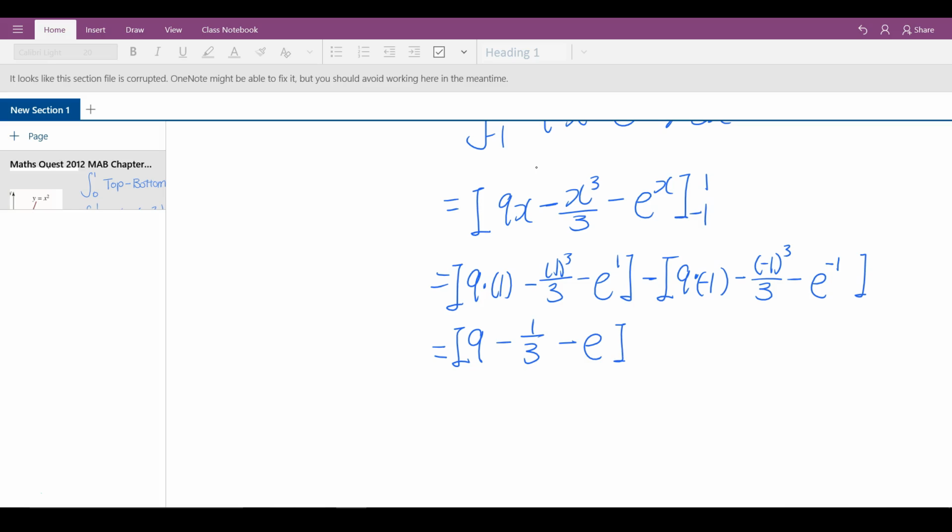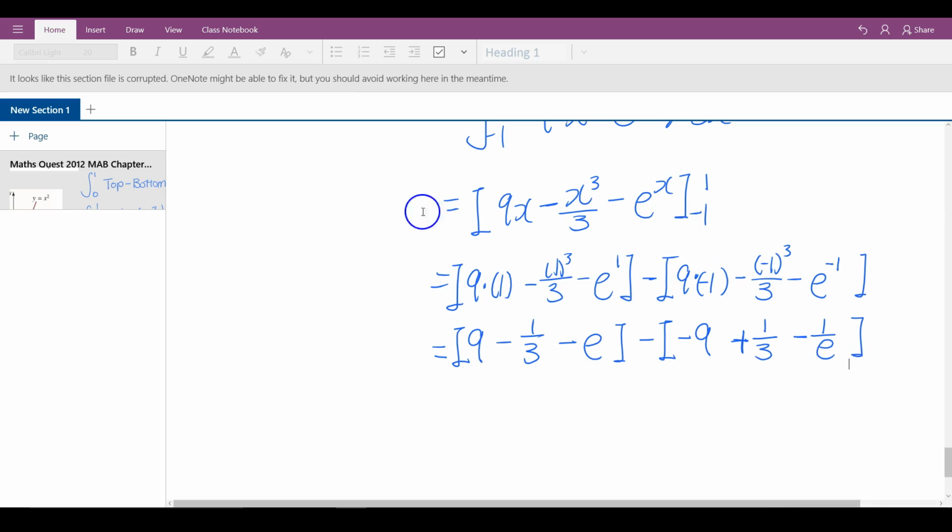The other side: 9 times -1 is -9 minus, now -1 cubed is -1 over 3. Negative becomes positive later on. And e to the -1 is just 1 over e.